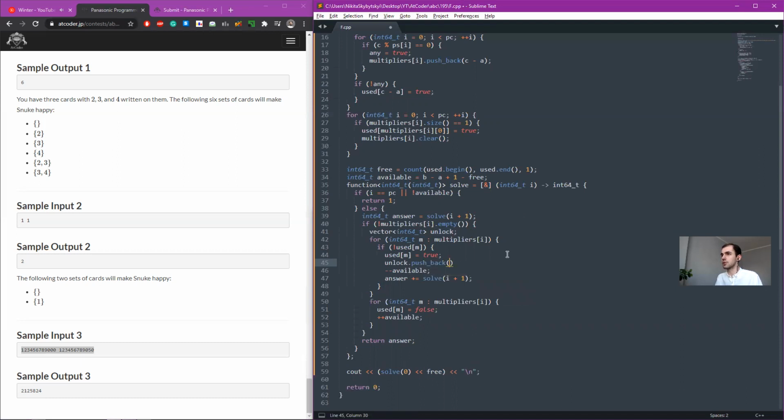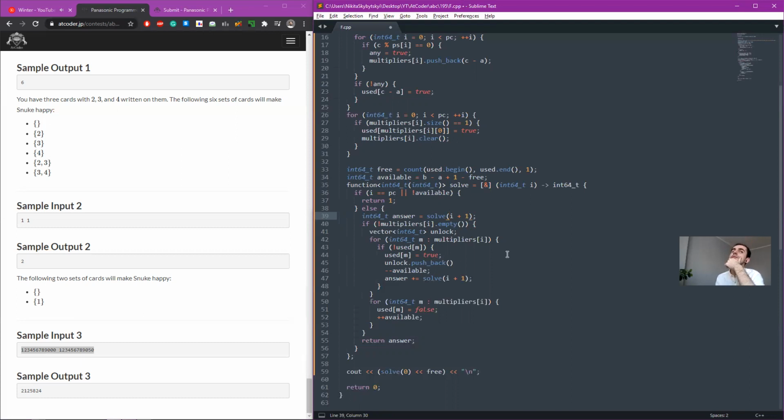Wait, why do I have to unlock them at the end actually? I don't have to, right? Wait. This is not necessary. Where is it? I'm confused.